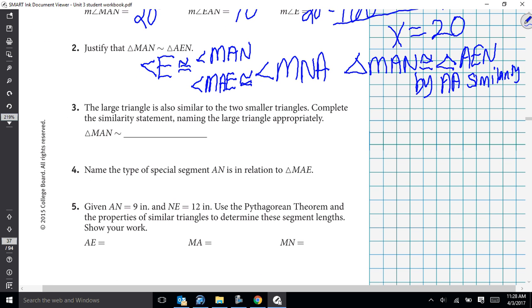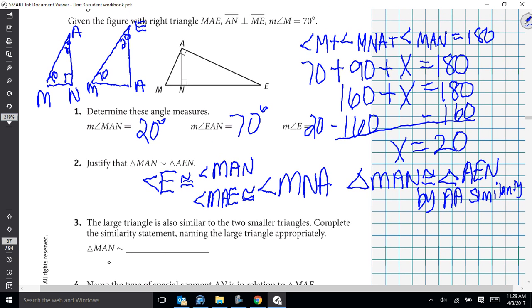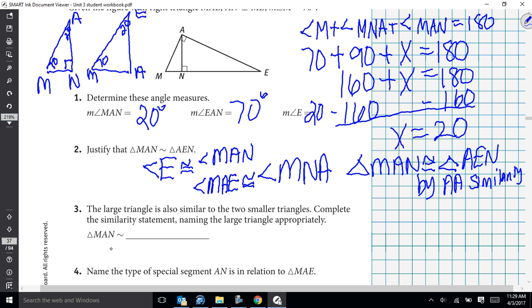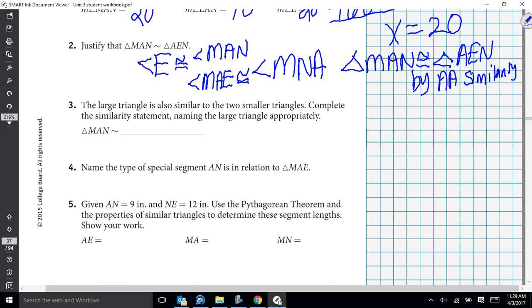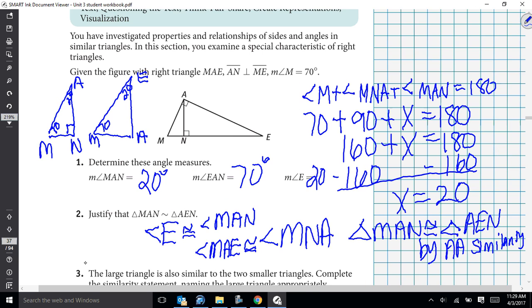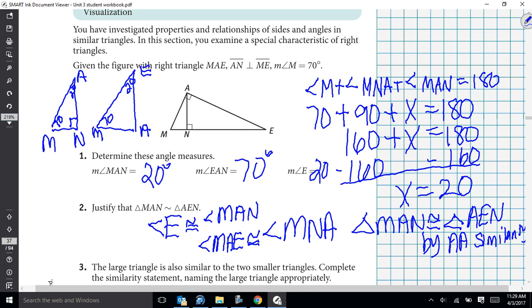All right, so number 3, the large triangle is also similar to the two smaller triangles. Complete the similarity statement naming the large triangle appropriately. So MAN is similar to what's the other triangle that's in there? So we can see the 3 triangles.